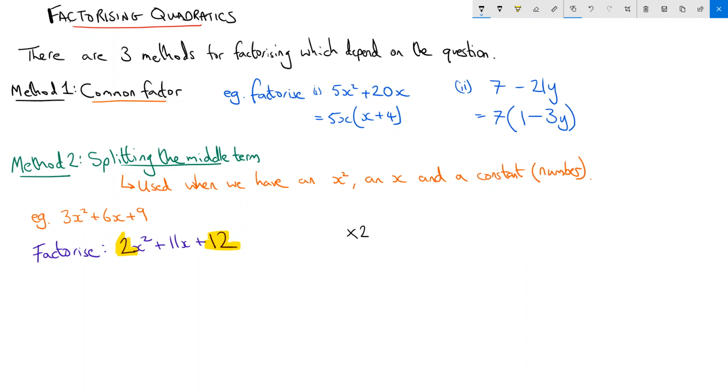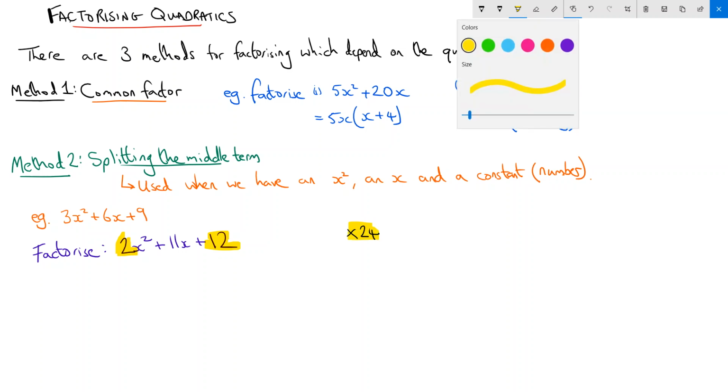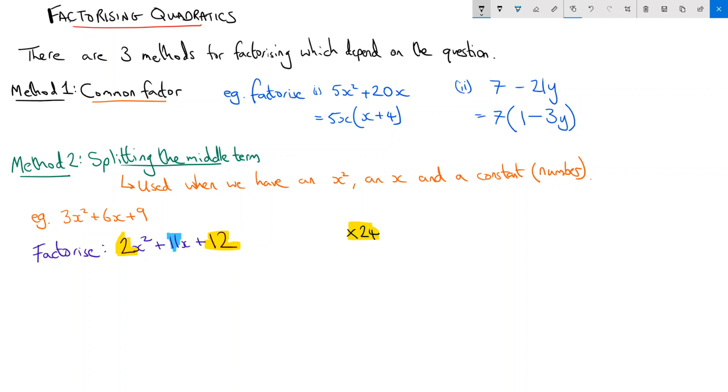So they multiply to give 24. We're going to look at the number in the middle, which is 11. So we're going to write down plus 11.